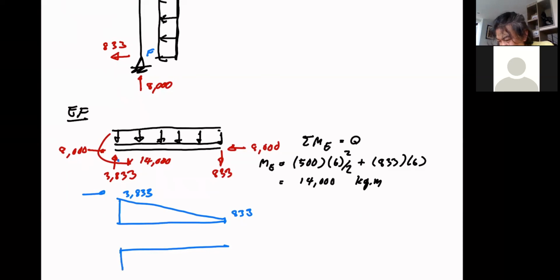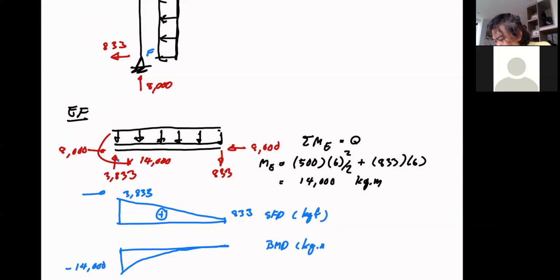So that's negative 14,000 and goes back to 0. Okay, it's a positive area. Shear force diagram in kilogram force, and bending moment diagram, kilogram meter.